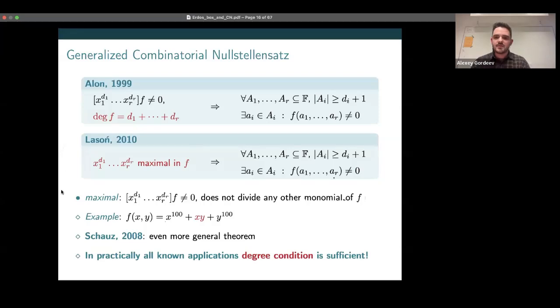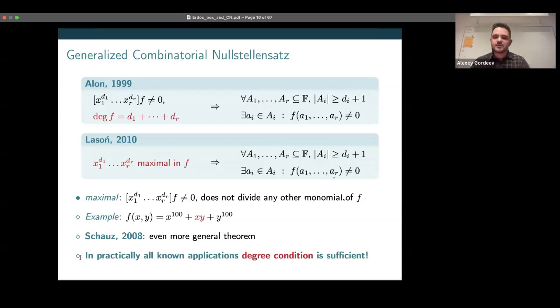The other interesting point is that for some reason, in basically all applications of combinatorial Nullstellensatz, at least those that I know of, the classical Alon's condition, where you just want a condition on the degree of the polynomial, is sufficient. Usually when you encode your object as a polynomial, it either turns out to be a homogeneous polynomial, so all monomials have the same degree, and this stronger theorem doesn't really give you anything more. Or even if the polynomial is not homogeneous, you're usually interested in monomials of highest degree.